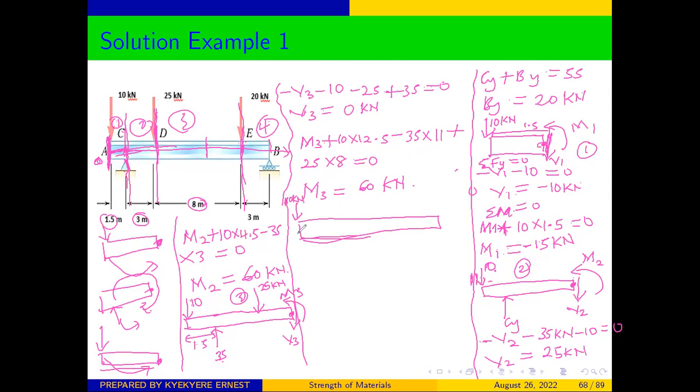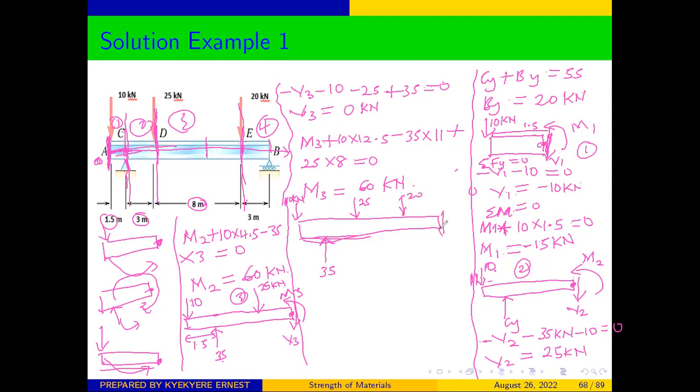Then we have our CY also at this side, which is 35. We have another force here, which is 25. And now we have encountered another force there, which is also 20.